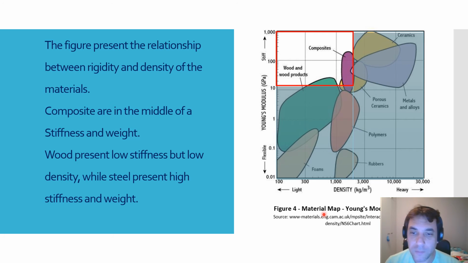So in the same way as the analysis we did before, we would like to have high stiffness, but also low weight of the material. In this sense, we can see here composite materials and also wood could fulfill these requirements of weight and stiffness.